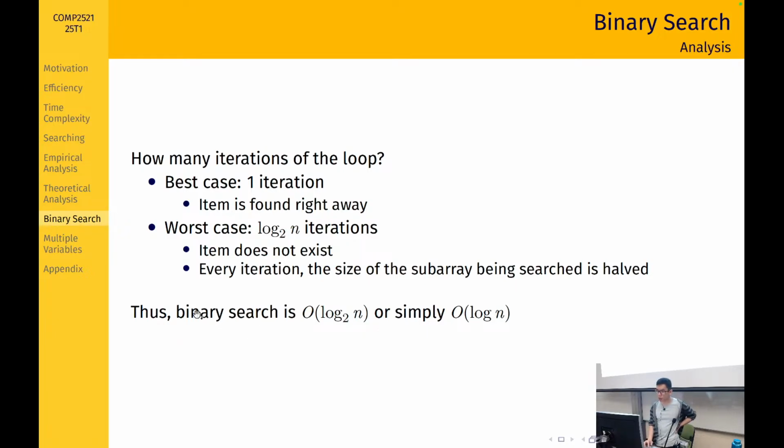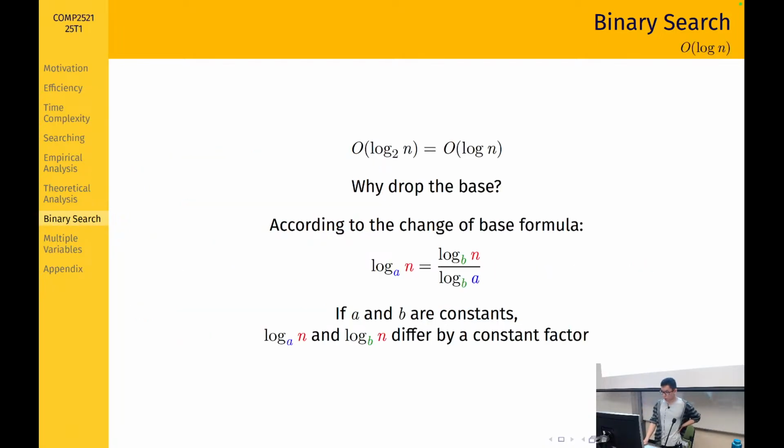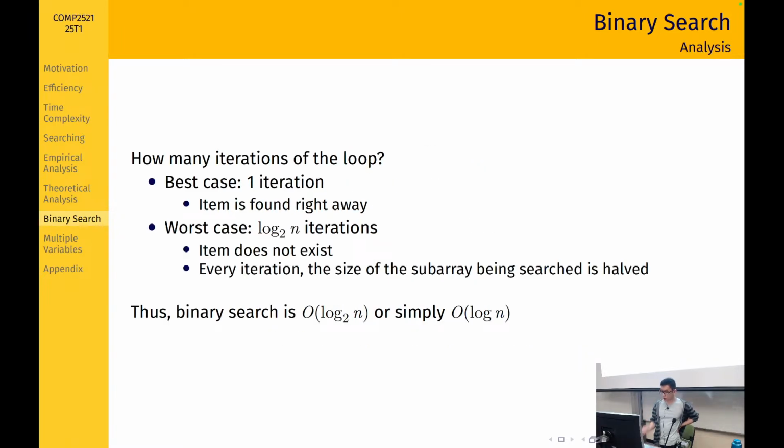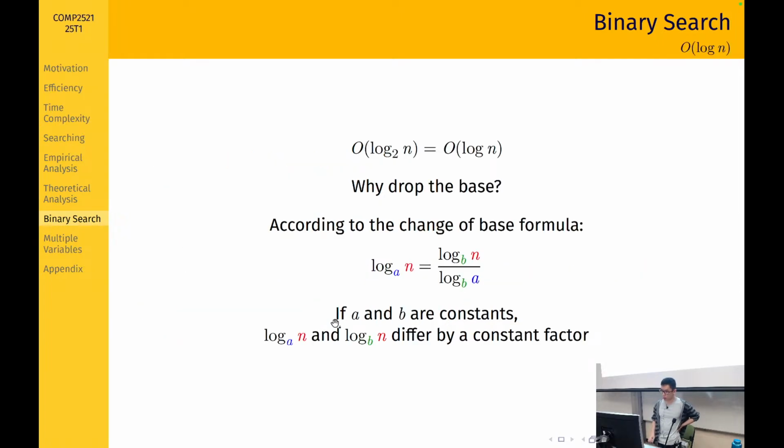And that means binary search is big O of log base 2 of n, or we can actually get rid of the base and just write log n. So why can we ignore the base here?